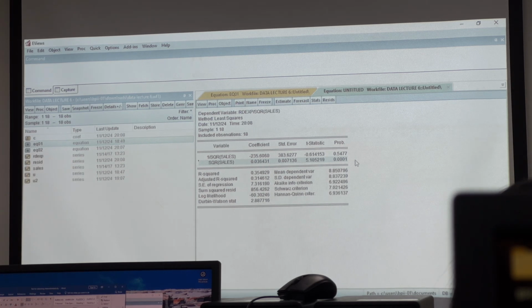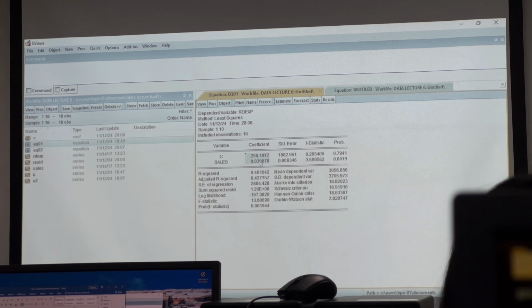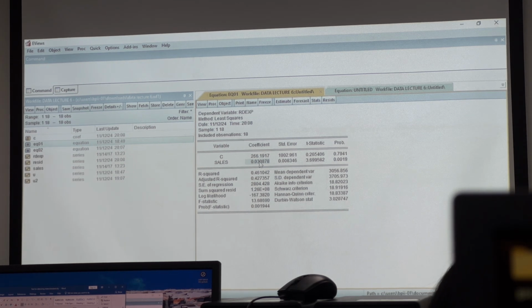But in terms of estimates, you can use this one because it is still an unbiased estimator. We can use the estimate of the slope coefficient, 0.03, so that you can say that when sales increase by 1 unit, $1 for example, the expenditure on R&D increases by 3 cents.